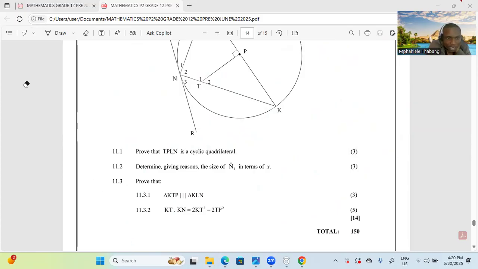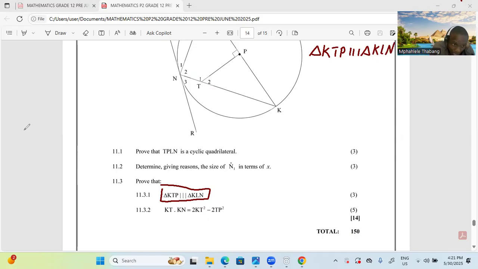Okay, now I'm answering 11.3.2. To answer 11.3.2, guys, you are going to use the information of 11.3.1. This is what you must not forget. We have proven that the triangle KTP is similar to the triangle KLN.